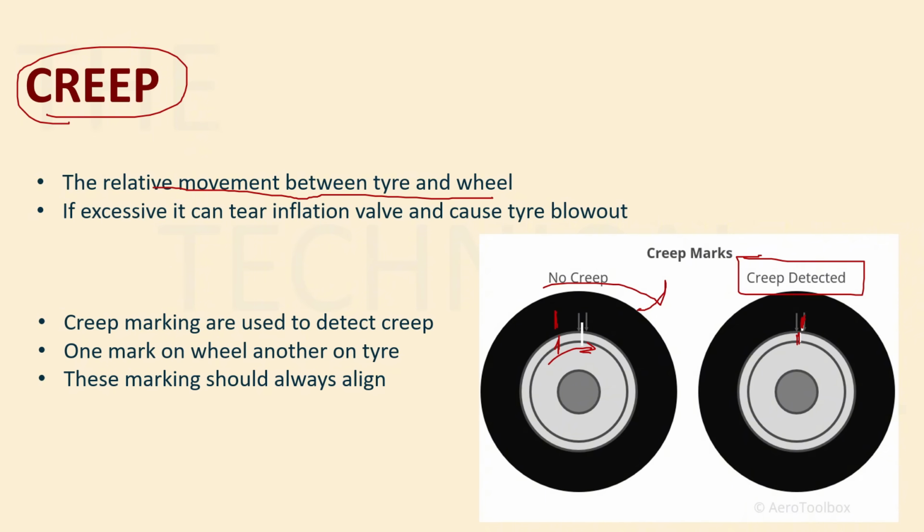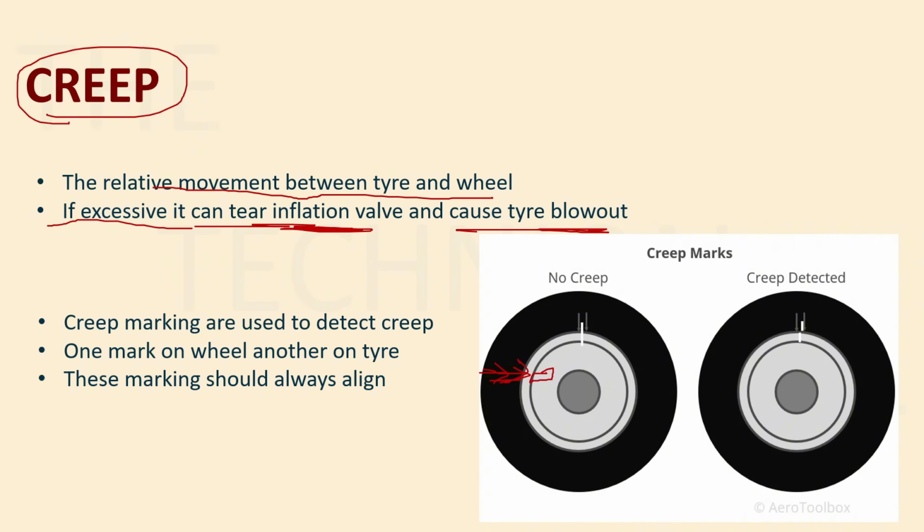And why is it so important? Why are we discussing creep? Why is creep so deadly? The reason is that if there is excessive creep, it can tear the inflation valve and cause a tire blowout. So what is an inflation valve? It is just a valve which you use to inflate your tire with air. You might have seen an inflation valve on your footballs, bicycles, cars, right?